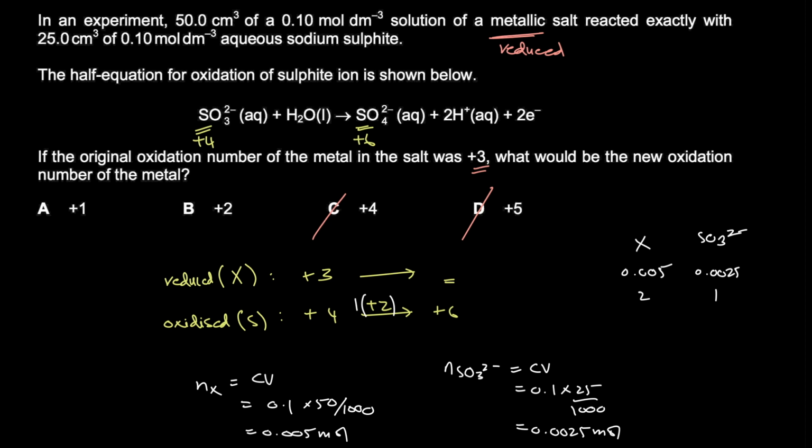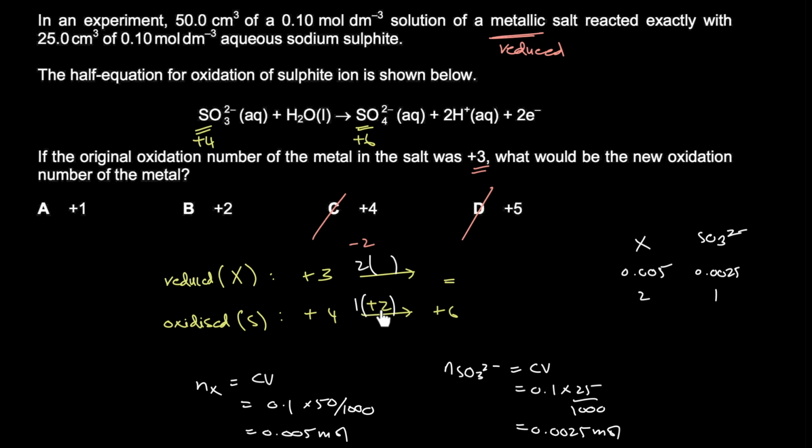So that means that for every 1 mole of sulfur atoms that are being oxidized, 2 moles of X are being reduced. Now, if 1 mole of sulfite is oxidized, the overall change in oxidation number is plus 2. So we know that the overall change in oxidation number for X must be minus 2.